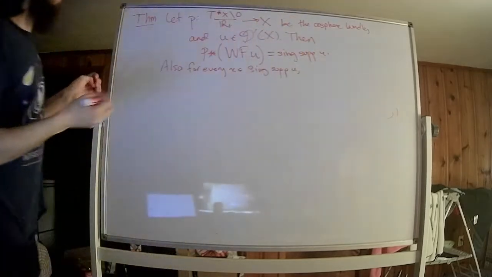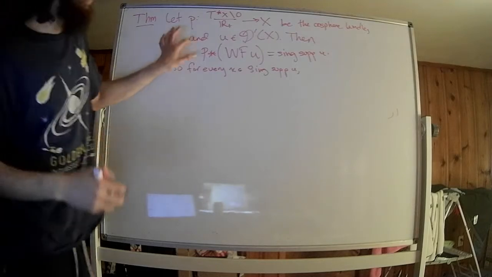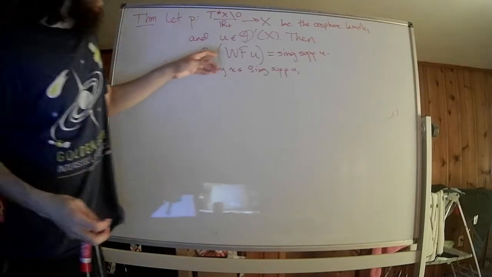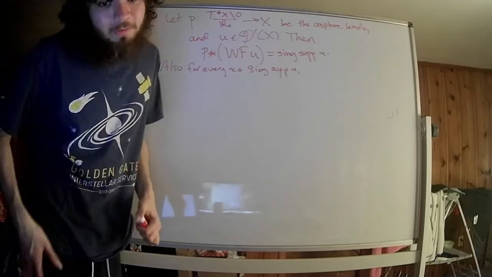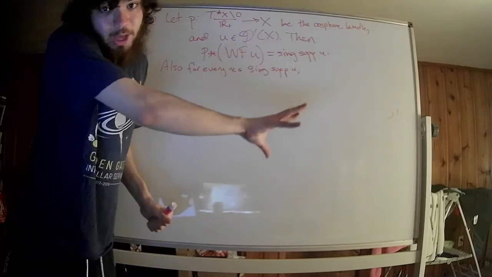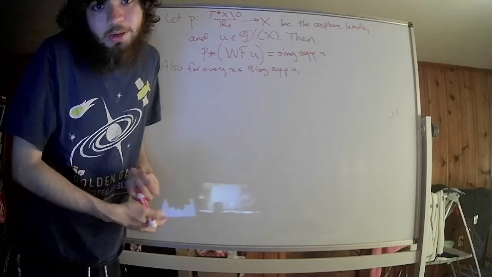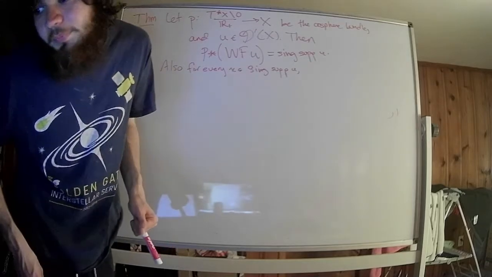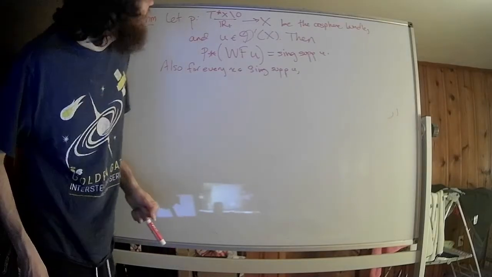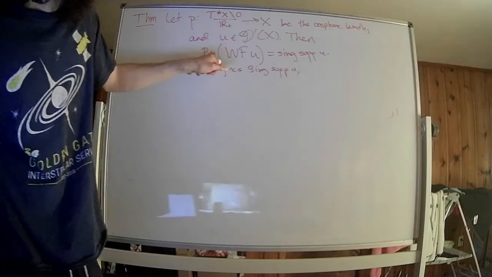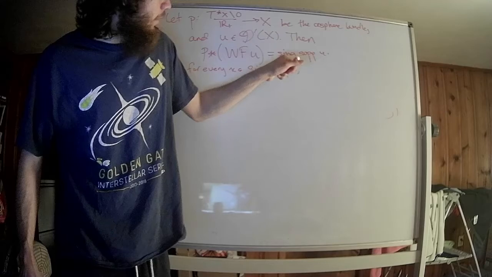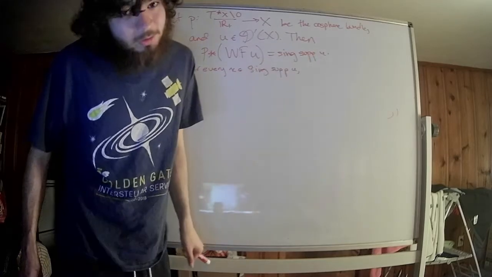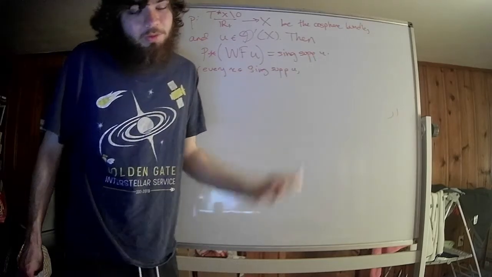And so basically this first condition says that a point is in the wavefront set, or that implies that its projection to the original manifold, the point is already bad there.